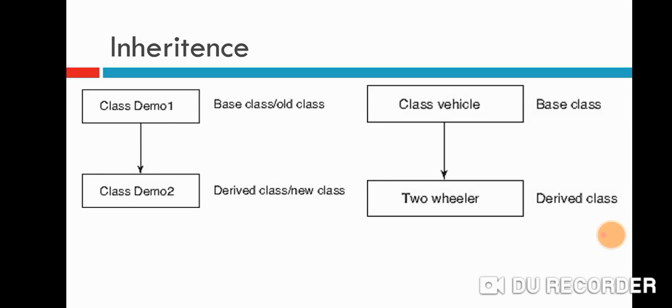In the example given above, we have a vehicle class at the top in the hierarchy. All the common features of a vehicle can be put in this class. For example, we can derive a new class two-wheeler or maybe a three-wheeler or maybe a four-wheeler from this vehicle class.